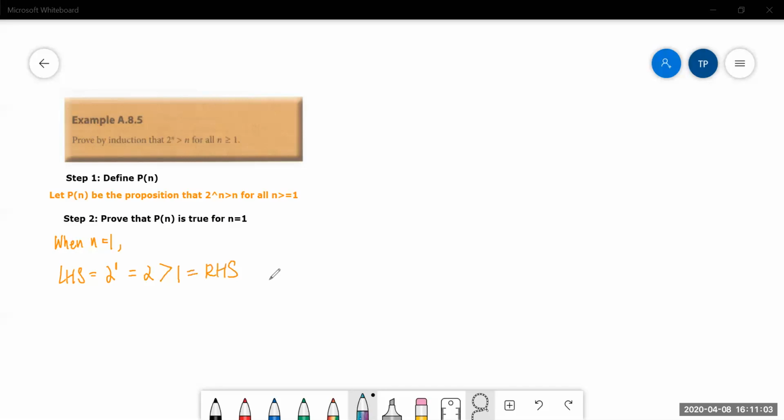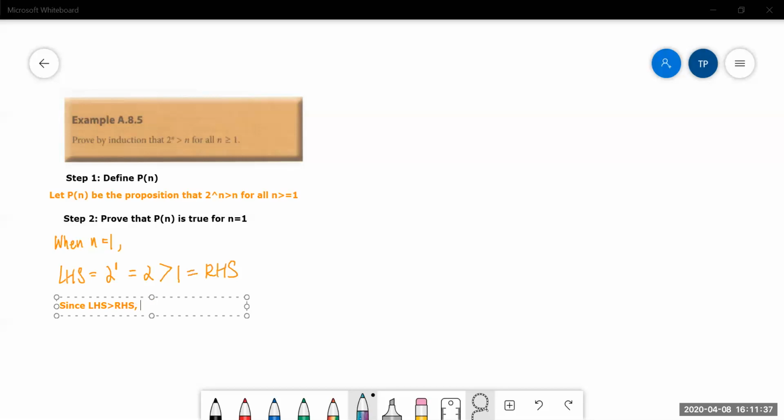Okay, then after that you have to conclude. Since left hand side equals to right hand side... no, it's not equals. You're not supposed to show that it's equals. Since left hand side is greater than right hand side. But in my presentation I wrote 2 more than 1 equals to right hand side.